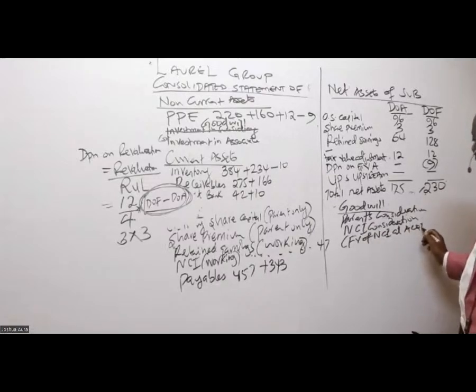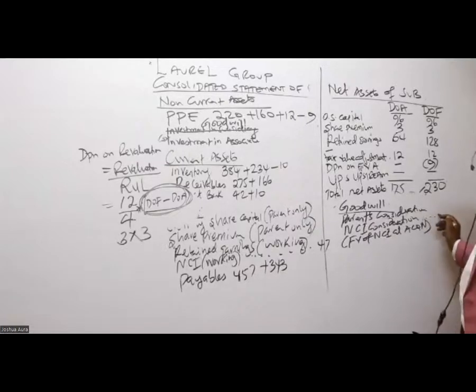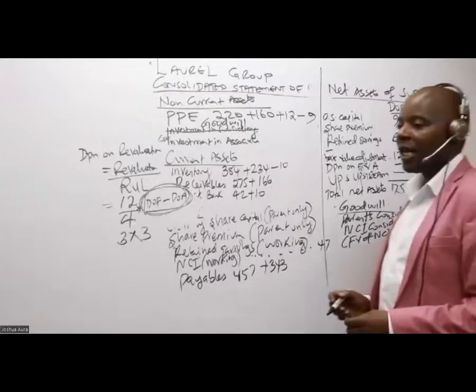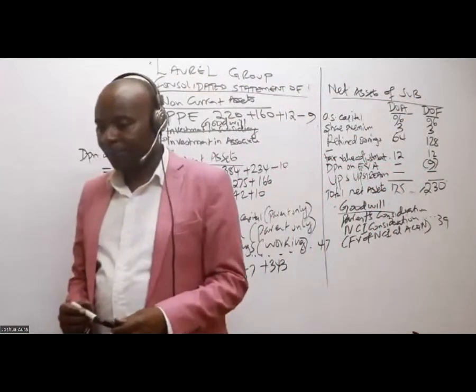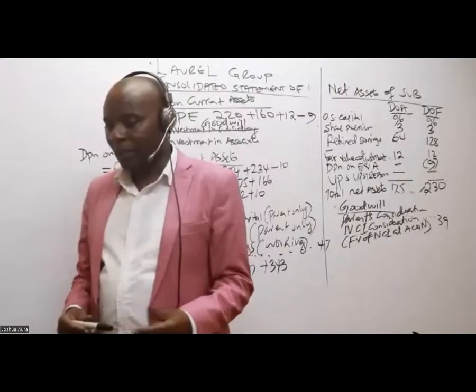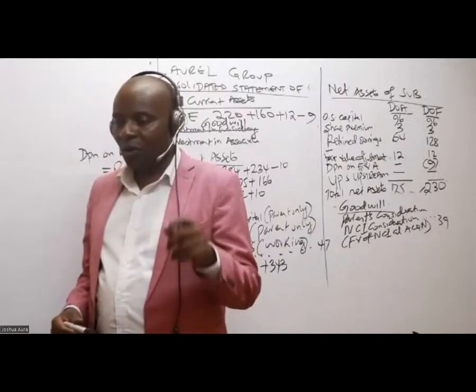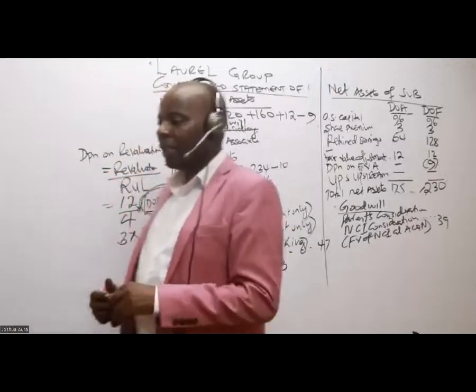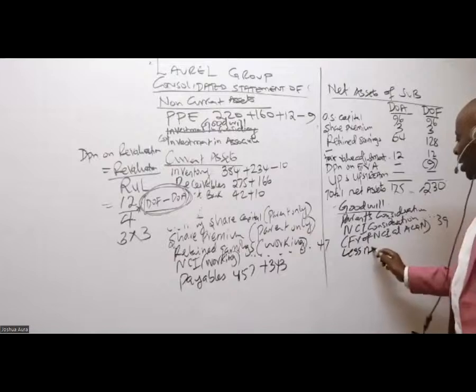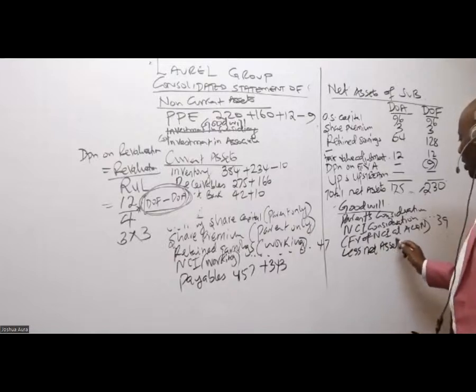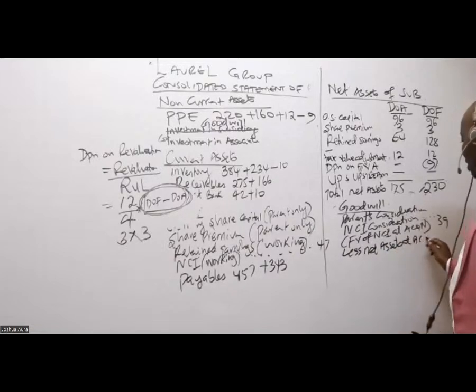This question that this young girl was asking there, which is 39. Do you remember that figure of 39? I think I'm alone now. 39, which was the fair value of NCI at acquisition. And then we'll come under less net assets at acquisition.